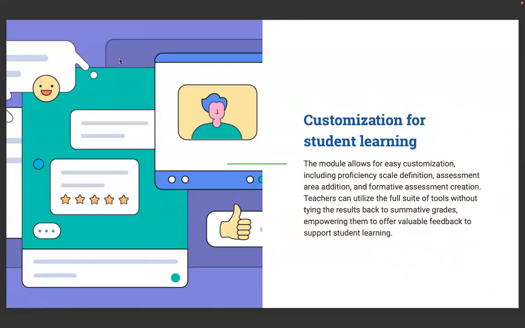The module allows for easy customization, including proficiency scale definition, assessment area addition, and formative assessment creation. Teachers can utilize the full suite of tools without tying the results back to a summative grade, empowering them to offer valuable feedback to support student learning.